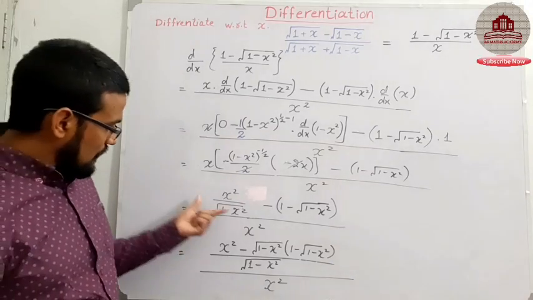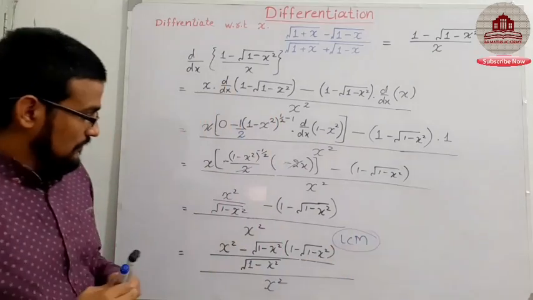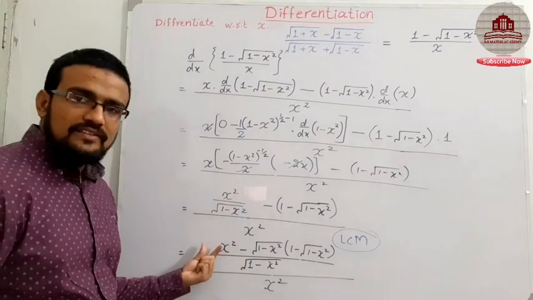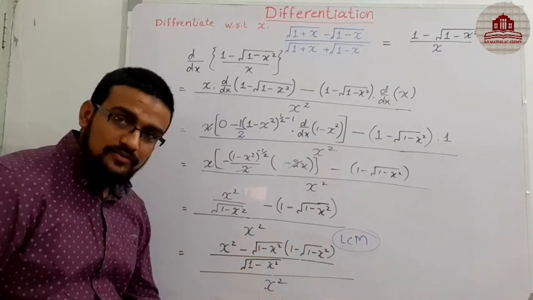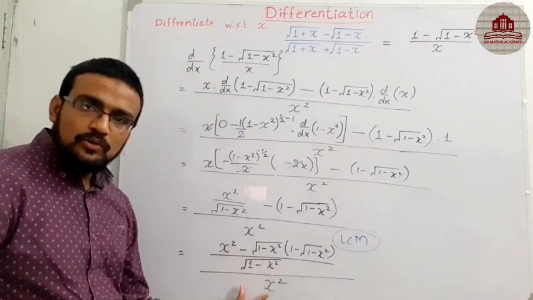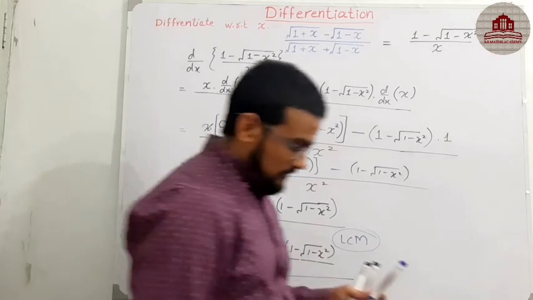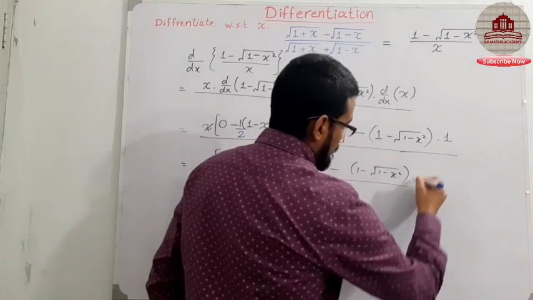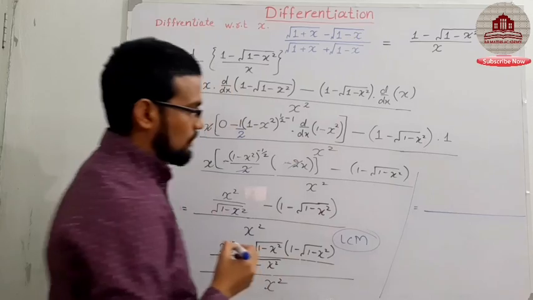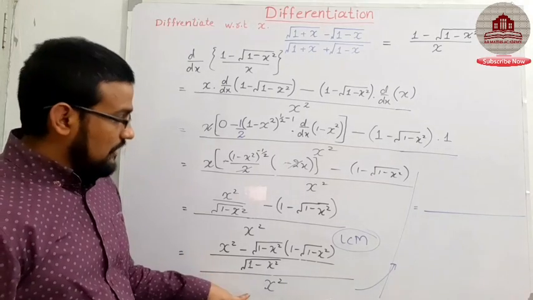yes student, first take the LCM. LCM is 1 minus x square, and it multiplies with this one, and the remaining x square as it is, and then the whole is divided by x square, and these x square into 1 minus x square are both denominators, then it can be written in multiple form. Here students, both become multiples.